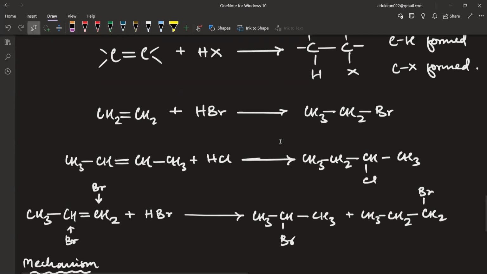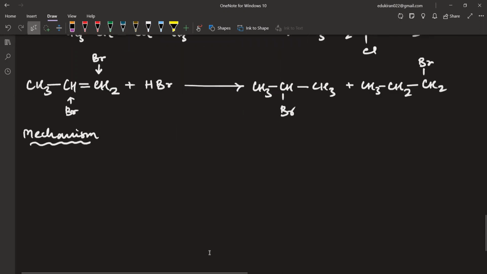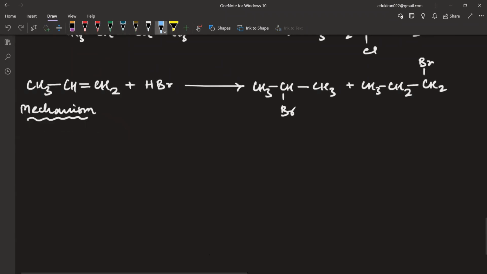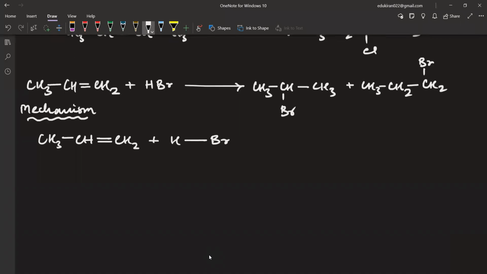Done. Okay. So see, now in mechanism, we will first start with our substrate, that is CH3CH double bond CH2, plus HBr. Now we know bromine is more electronegative, that is why it will be delta negative and hydrogen is delta positive.